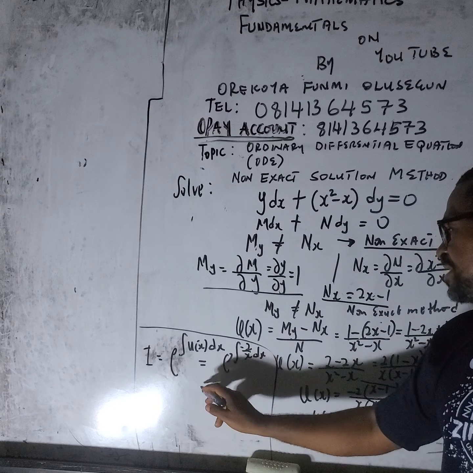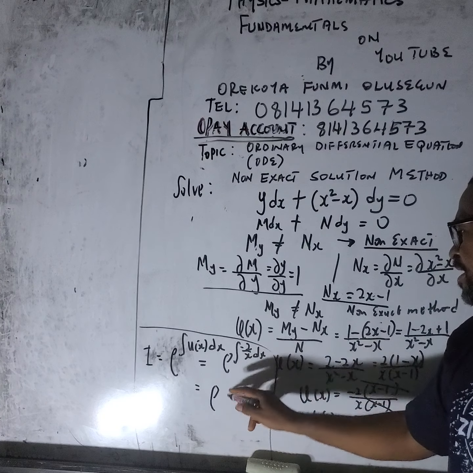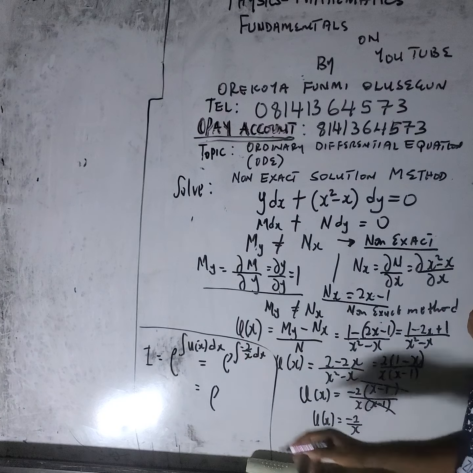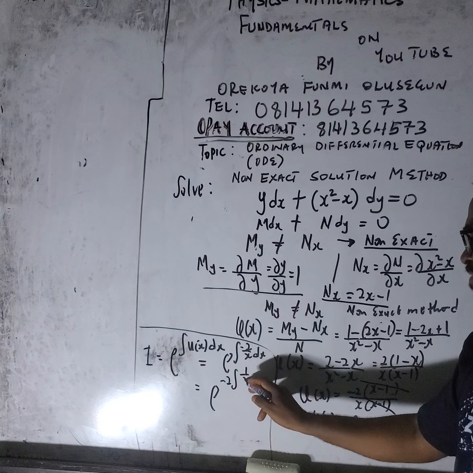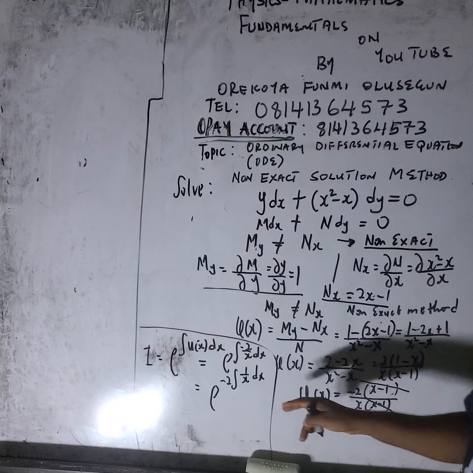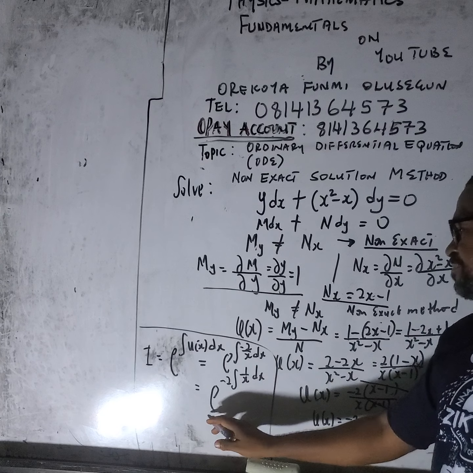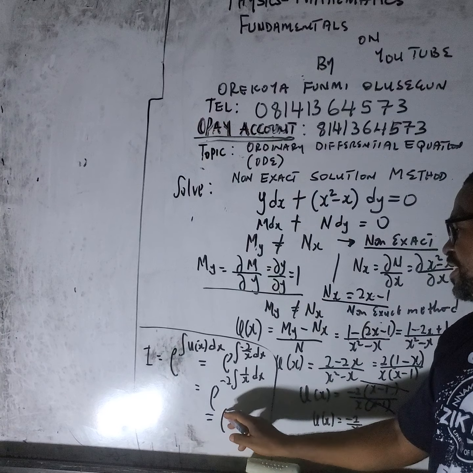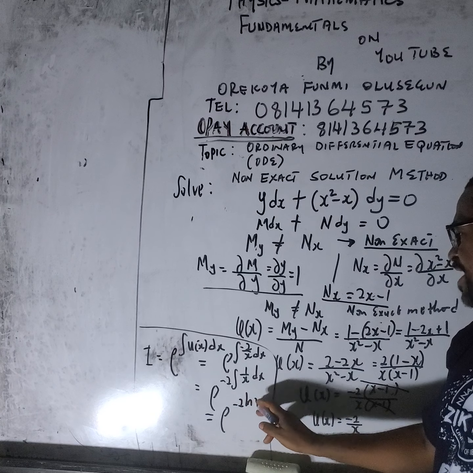Now, if you look at this, we have e raised to power. This -2 is a constant. We can take it outside the integral. So we are left with 1 all over x dx. From our standard integration, 1 over x dx is ln x. So this expression will be e raised to power -2 ln x.